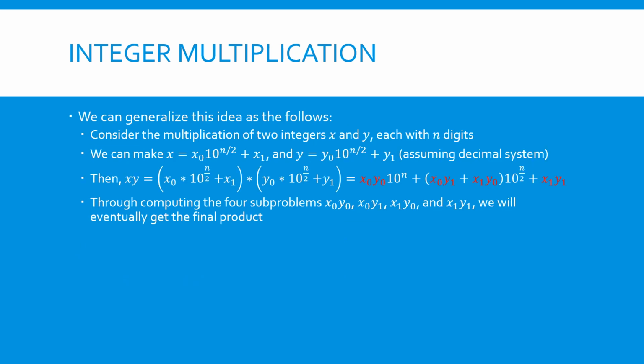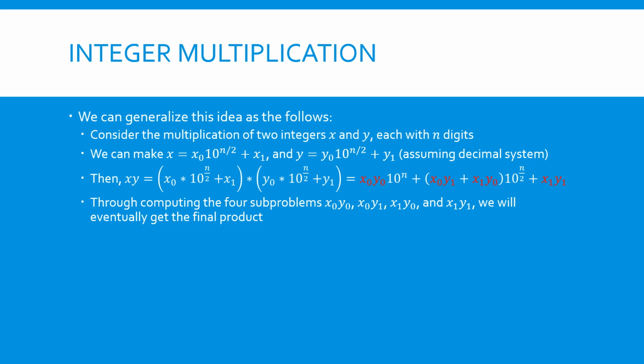More formally, we can generalize the idea as follows. Given two integers, x and y, each with n digits, we can write x as x0 times 10 to the power of n over 2 plus x1, where x0 corresponds to the most significant half of digits in x, and x1 corresponds to the least significant half of digits.